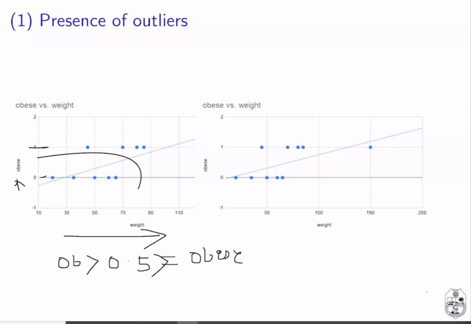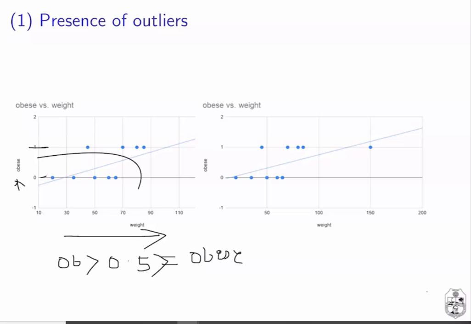Otherwise, the person is not obese. Like for example, this particular case. But sometimes there are some persons in the data set who are outliers. Now, in this case, no outliers are present. But suppose there is one person whose weight is 115.